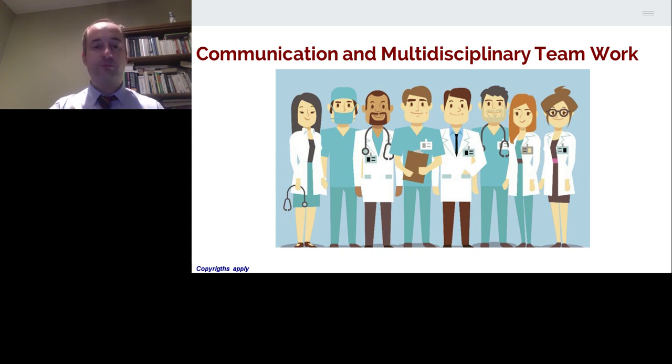You can inform them about some pitfalls of your methods, telling them also what method you are using in the lab. So please discuss with your physician, go for this multidisciplinary team action that will help at the end of the day to improve the use of the test and make the best use of the in vitro diagnostic test.